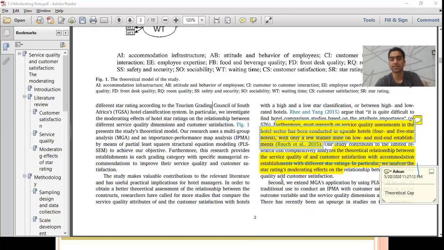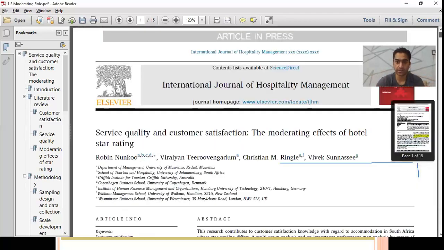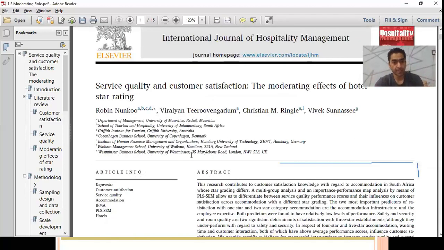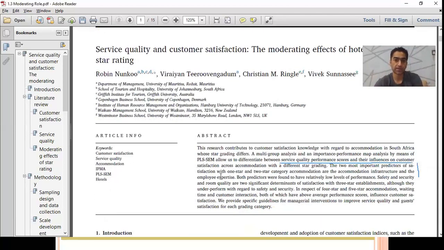In particular, we analyze the star rating as a moderator in the relationship between them. What's new in this research? The research is going to be published in 2020. The paper is accepted, and you can see the rigor, or the novelty, is that hotel star rating.